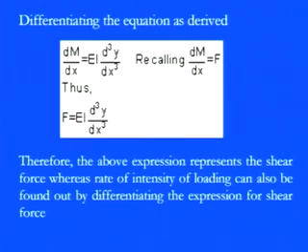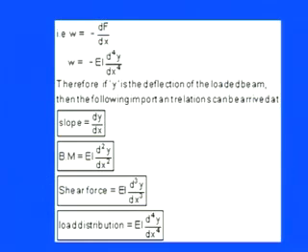We have dF by dx, which is the rate of loading q or w, so w is equal to minus E into I d4y by dx4.